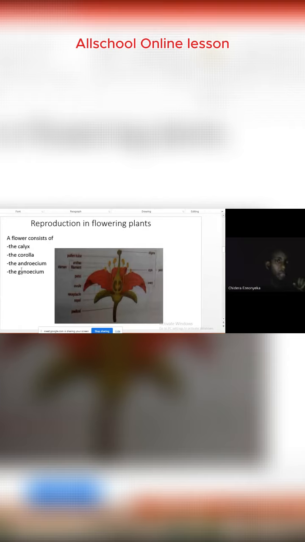Now, looking at the structure of a flower as it is on my screen, I told you yesterday that a flower consists of four various floral parts.